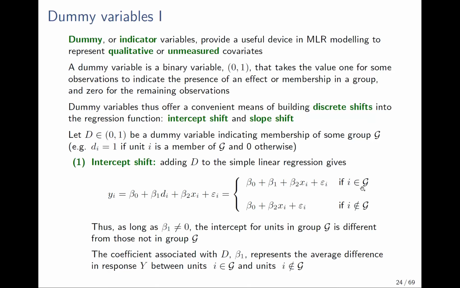So as long as beta 1 is non-zero, the group has its own intercept, and the coefficient on the dummy variable, beta 1, represents the average difference in the response between the units in the group and the units outside the group. So it's simply shifting the intercept for observations that are defined within some group.